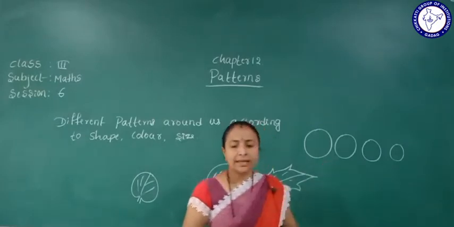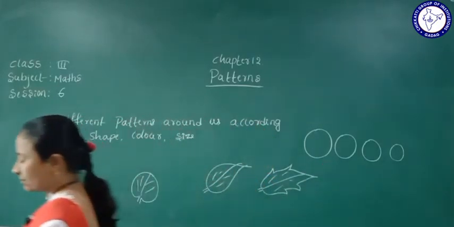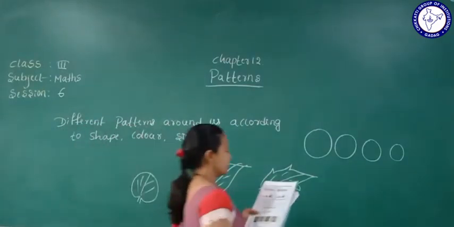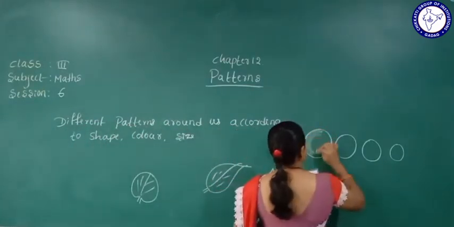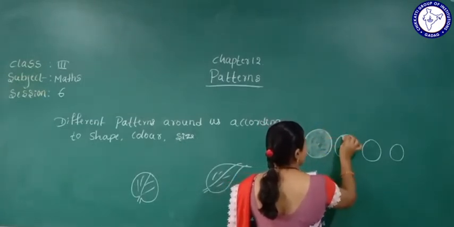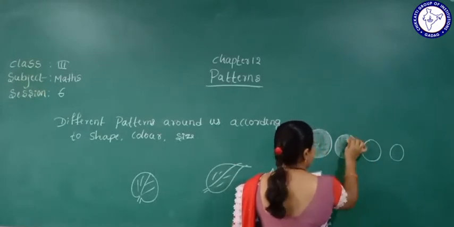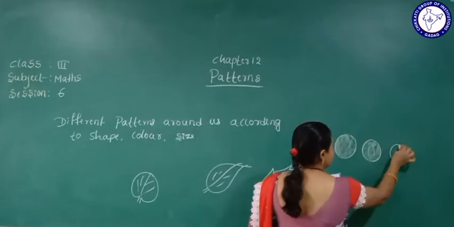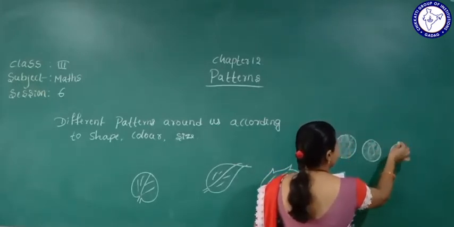No. Each and every circle has a different size. The color is the same but the size differs from each other.